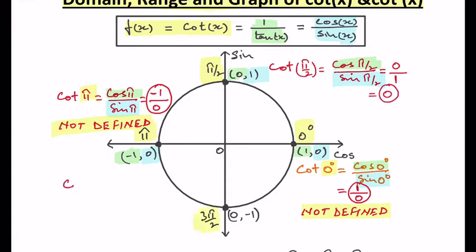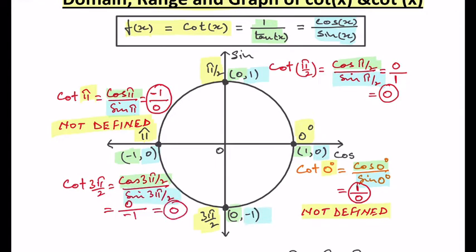Now at 3 pi by 2, cot 3 pi by 2 is cos 3 pi by 2 over sine 3 pi by 2, and cos 3 pi by 2 is 0 and sine 3 pi by 2 is minus 1. So 0 over minus 1 is 0 again. Also, cot is positive in first and third quadrant and it is negative in second and fourth quadrant.